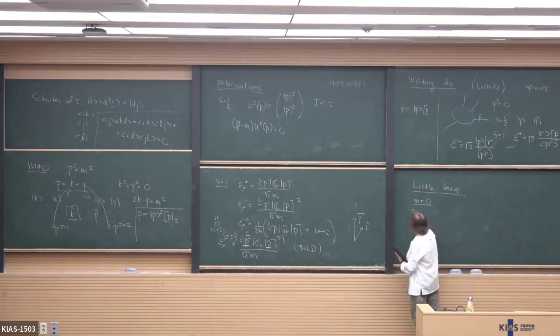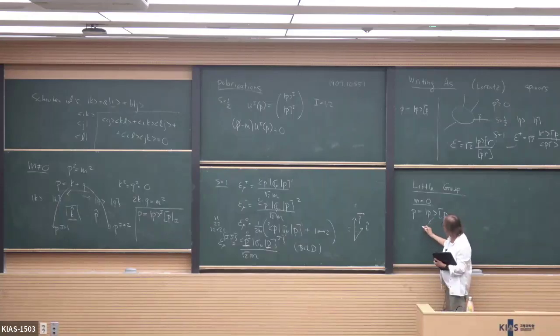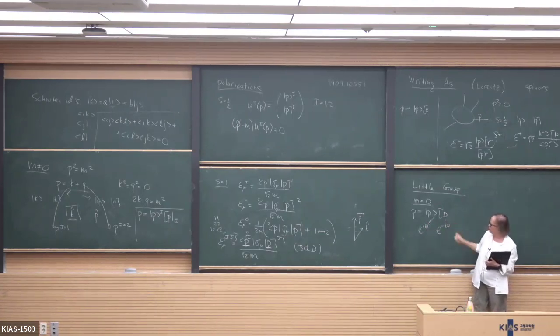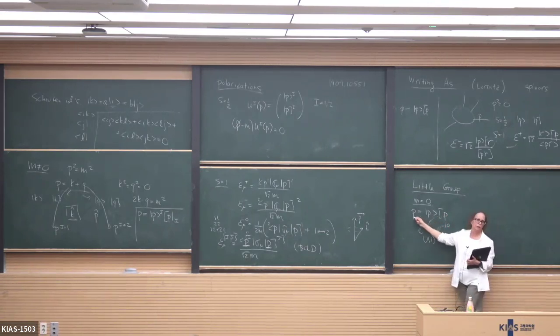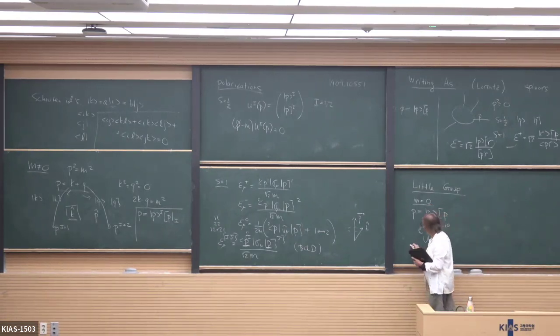For m equals 0, we said that we can write the momentum as p. And of course, I'm free to rotate this guy by a phase and this guy by the opposite phase, because they're complex conjugates of each other. So there is a U1 rotation of the spinors that leaves the momentum invariant. And that's exactly the little group. That's what you expect for the little group, because this is a massless particle.